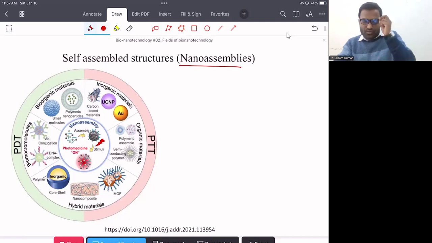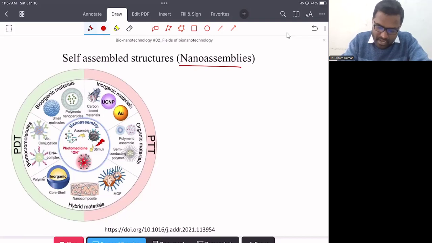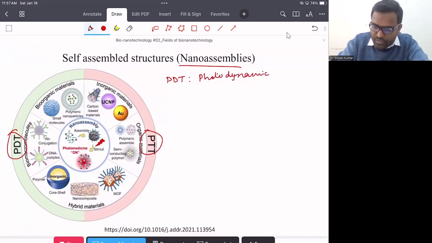We can use two kinds of approaches, and those are PDT and PTT. Here PDT means photodynamic therapy.